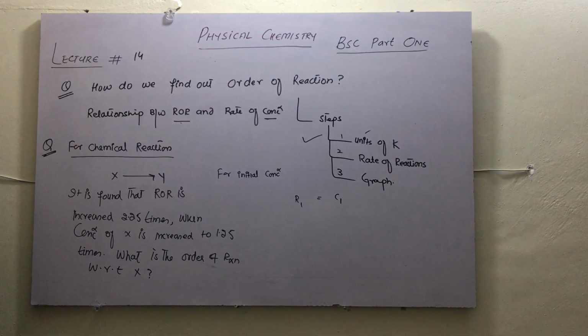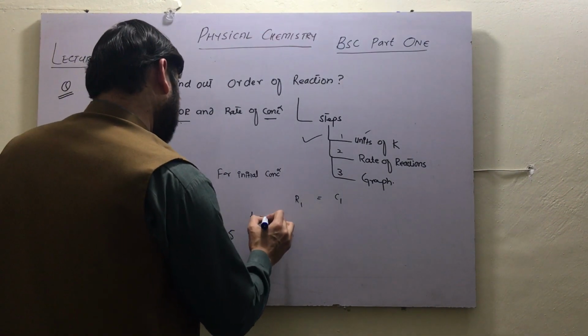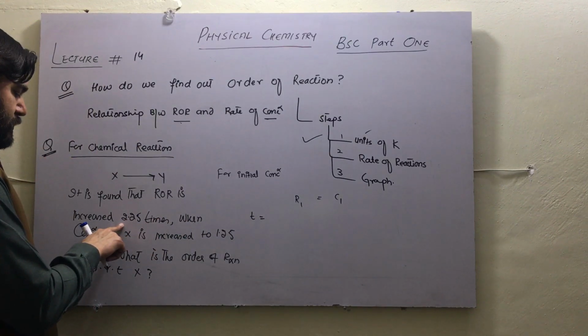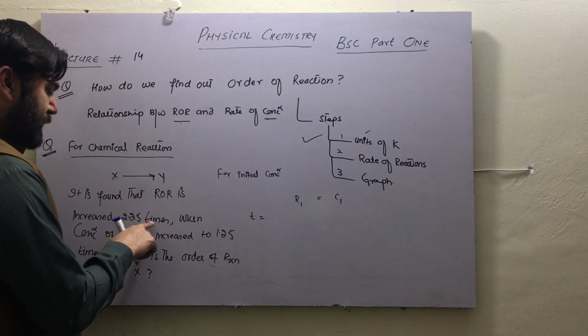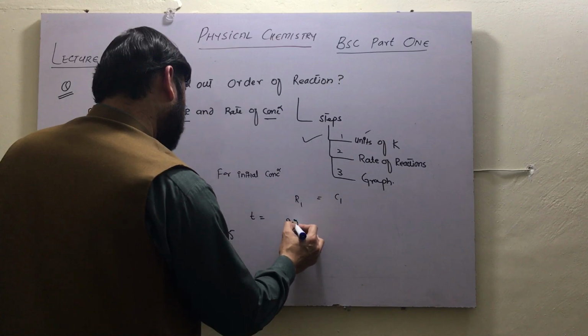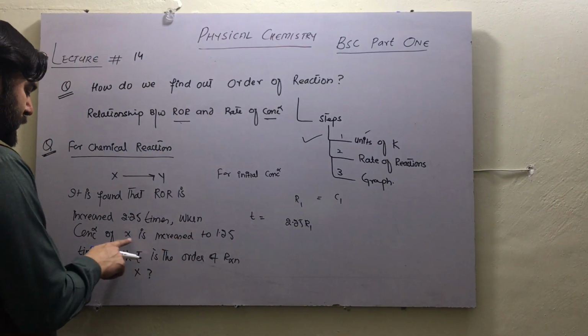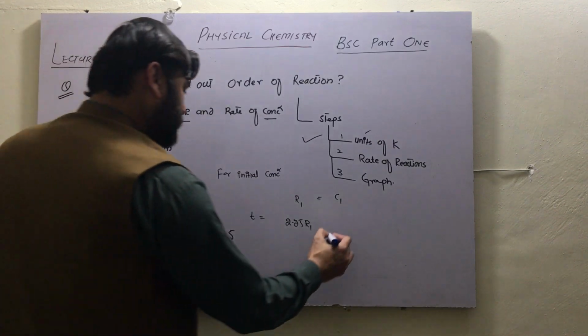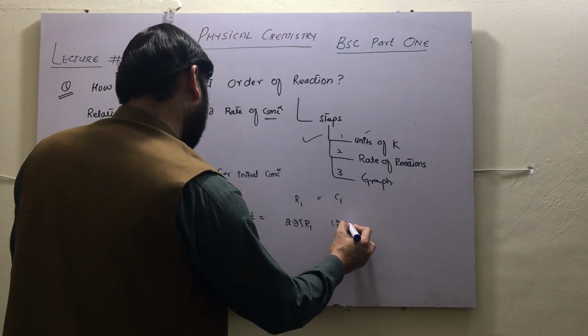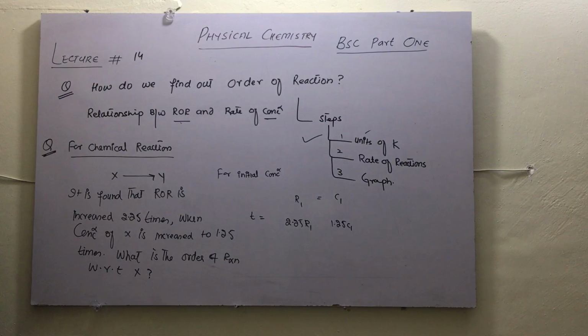This is when the reaction started, but after a time T, the rate is 2.25 times R1 and the concentration of X is increased to 1.25 of C1. So this is a comparison.